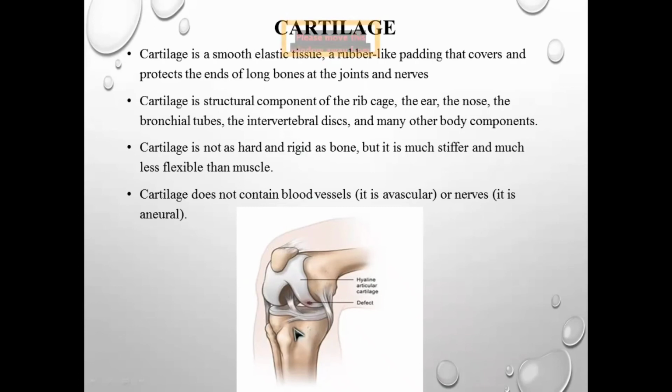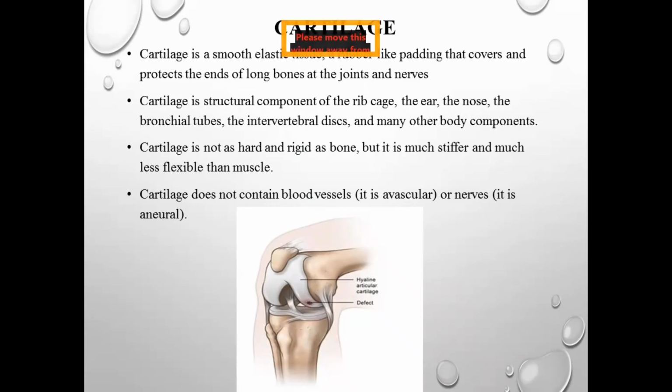Okay, then the cartilage is a structural component of the rib cage, the ear, the nose, and the bronchial tube, the intervertebral disc, and many other body components. Obviously, we can see that you can touch your nose, you can touch your ear, everything is flexible.